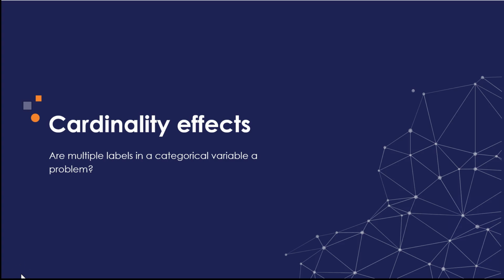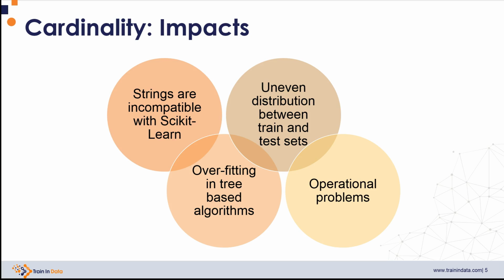Let's talk about cardinality effects. What are the things we need to consider when working with categorical and highly cardinal variables? Are multiple labels in a categorical variable in fact a challenge for machine learning? There are a few things to consider when working with categorical variables. First, scikit-learn, which is the industry standard Python library for machine learning, does not support strings as inputs.